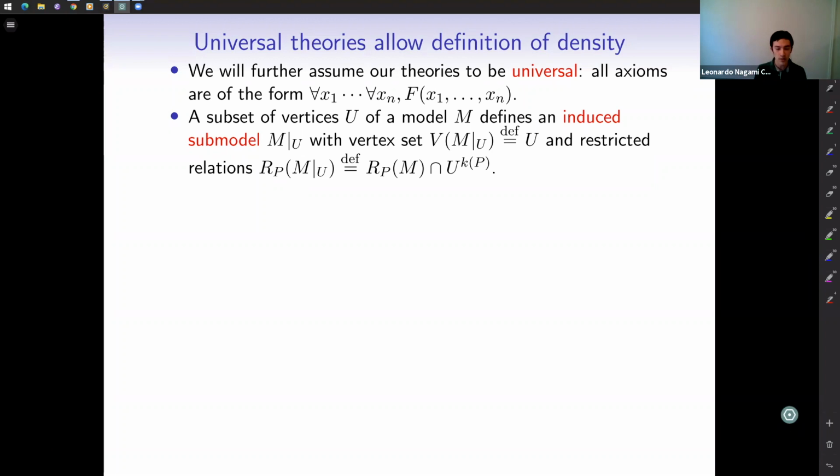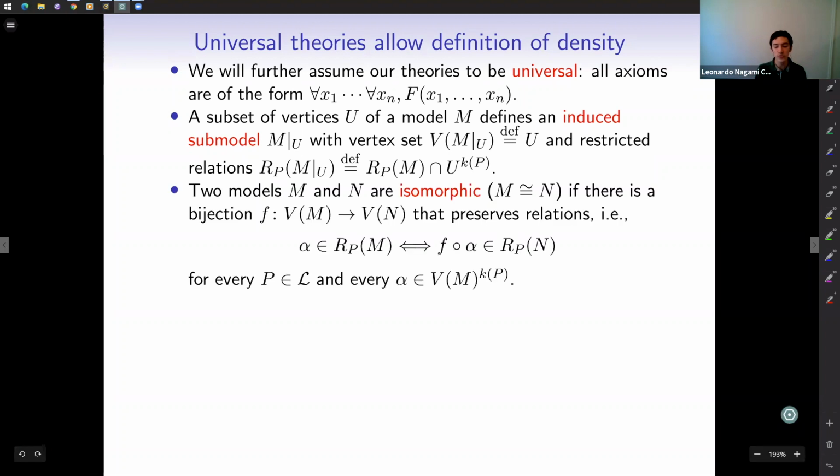Another concept that I need to review, or if you have never seen, is that of isomorphism. It's the natural definition. If I give you two models, let's say that they're isomorphic if there is a bijection between the vertex sets that preserves the relations. So if you take some tuple and it satisfies the predicate P in the structure M, then when you compose with the function, it's going to satisfy the predicate P in the other structure, if and only if.